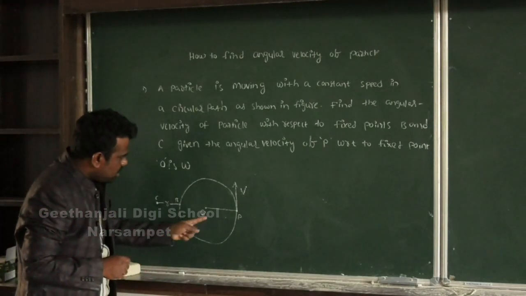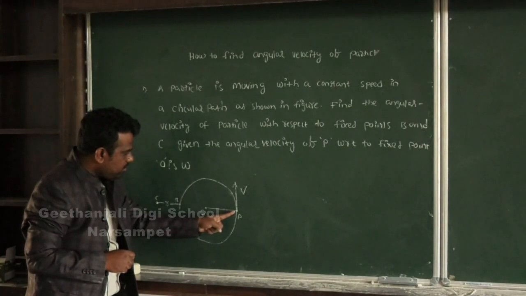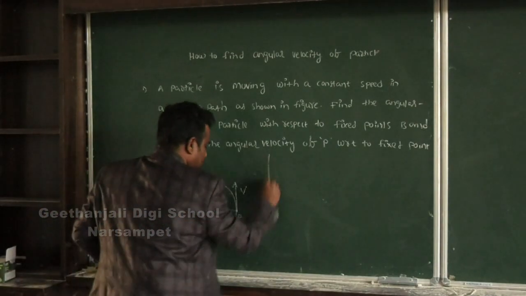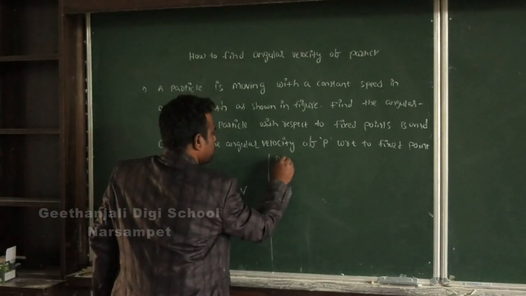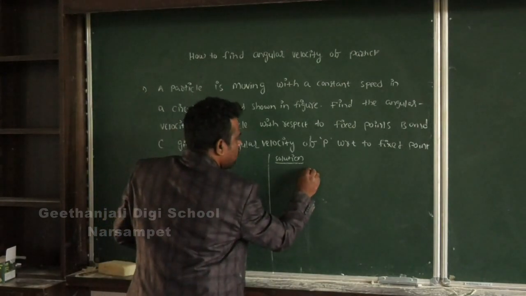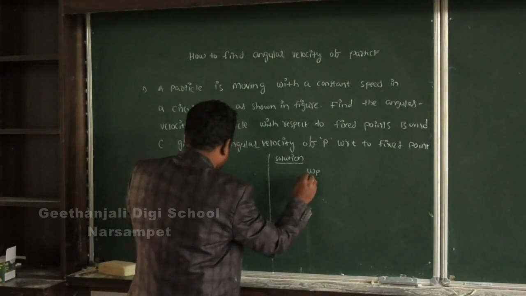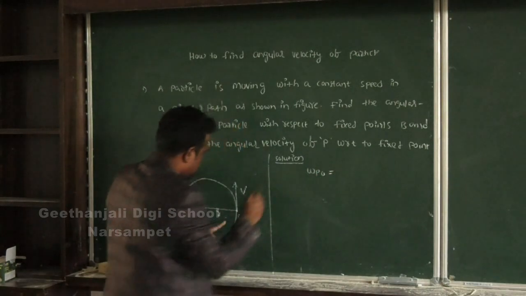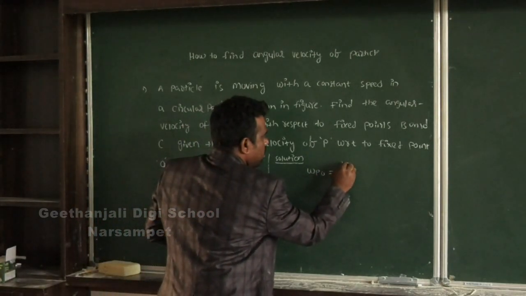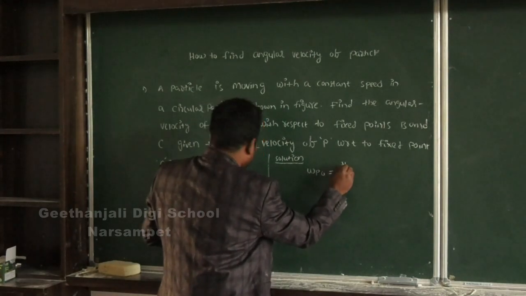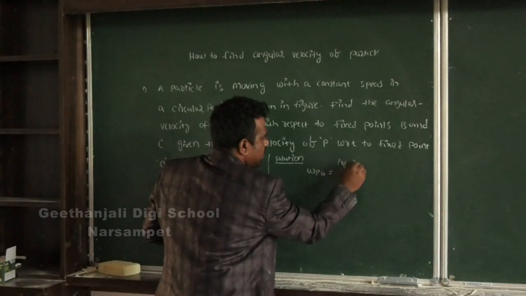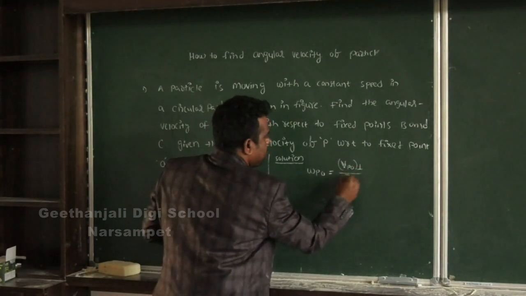First let us find the angular velocity of P with respect to O. This length is again R. When you come to the solution, the angular velocity of P with respect to O equals the velocity of P with respect to O perpendicular, by R.